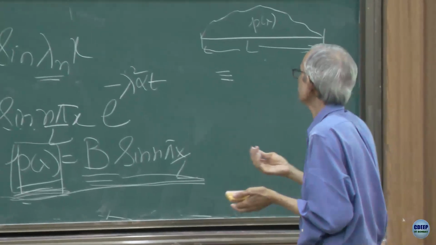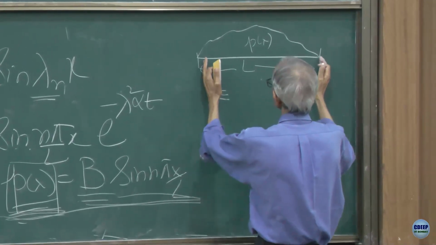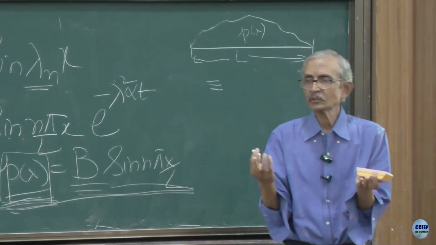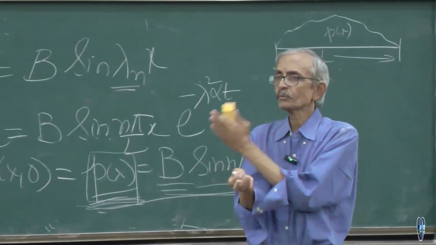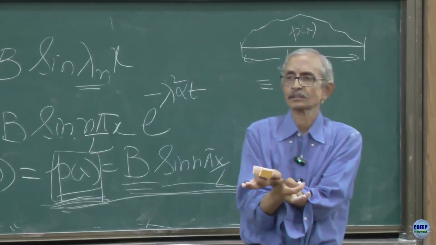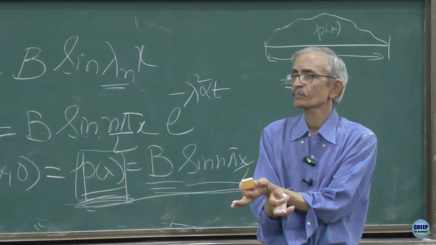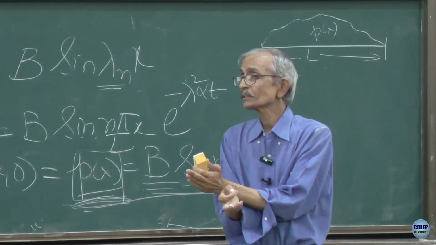Okay. And then I'm going to use only this part here. Okay. And how do I want to make it periodic? Do I want to use even functions or odd functions? Odd functions. Why? Because?